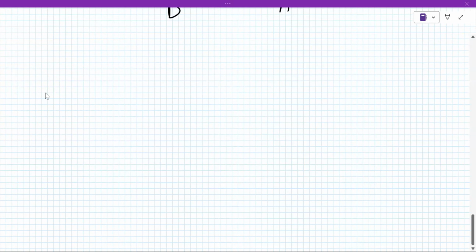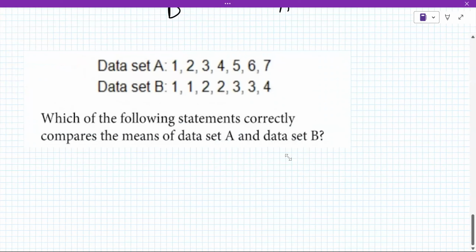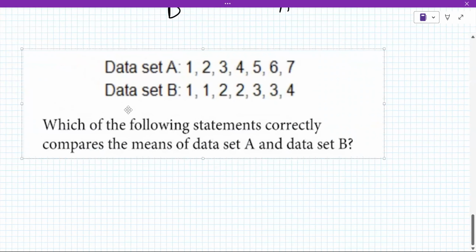What I don't want you to do is calculate the mean of the data set. They give you data set A, data set B. It says, which of the following statements correctly compares the means of data set A and data set B. I want you to see if you can tell me which one is larger or smaller and why.